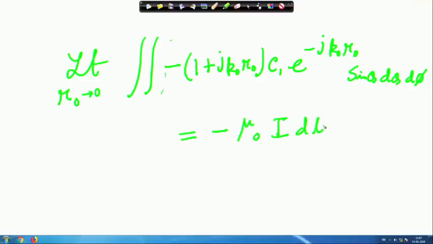Now, these are all constant things. So, sin theta d theta d phi, and I will have to put these values. So, theta will be 0 to pi, and phi will be 0 to 2 pi.